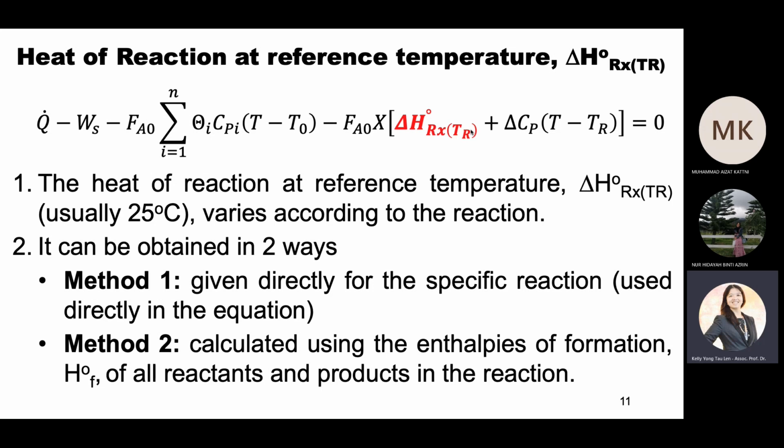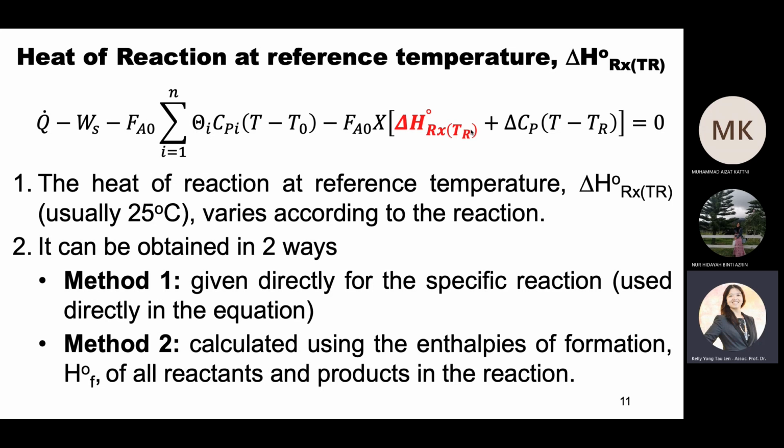Maksudnya, katakan ammonia NH3, dia ada heat formation dia. Katakan hydrochloric acid, sodium hydroxide. Okay. If you check the property table, dia akan beritahu berapa heat of formation untuk ammonia, berapa heat formation for sodium hydroxide. And kalau kamu perasan, even untuk fasa yang berlainan pun heat of formation dia boleh berbeza.